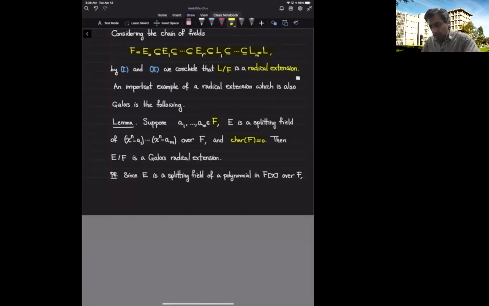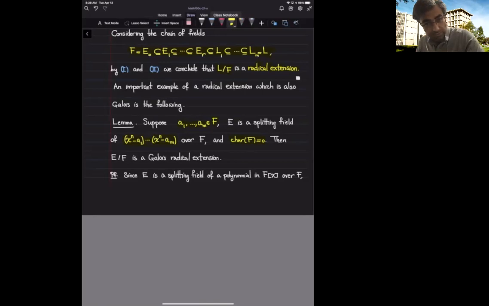Okay, so the characteristic of the field is 0, and I give you m elements inside this field, a1, a2, ..., am. Then I consider the polynomial x to power n1 minus a1 times x to power n2 minus a2 times ... times x to power nm minus am.